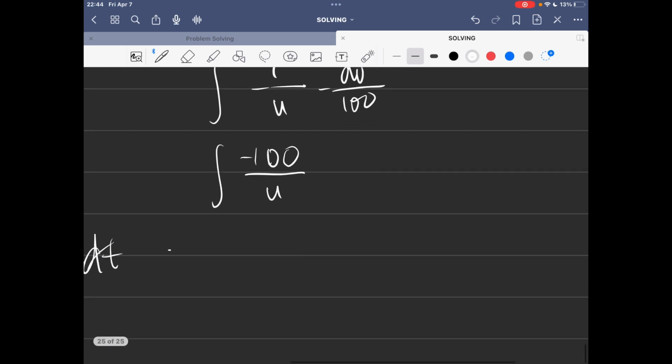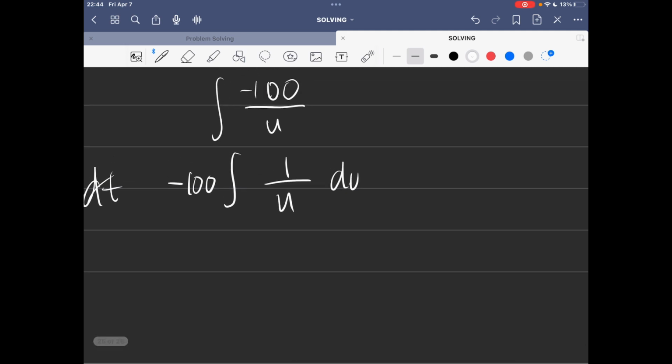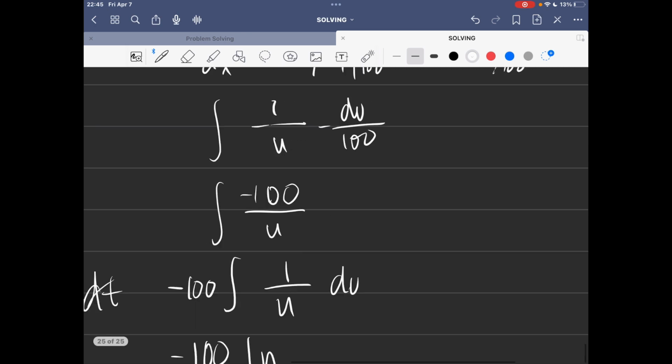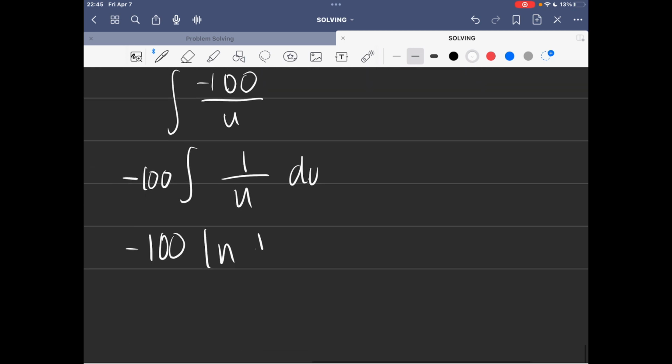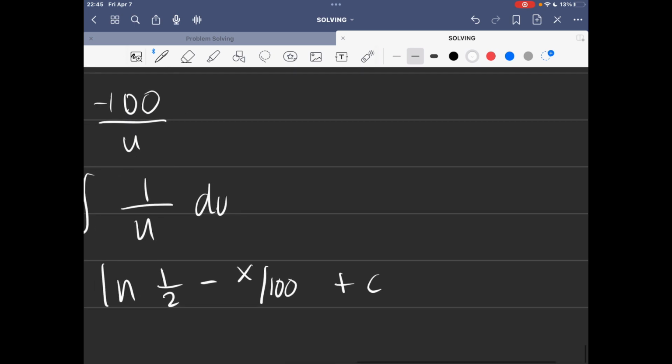Then we can take out the negative 100, and the integral of 1 over u du is ln u. So we have negative 100 times ln of u, where u is 1/2 minus x over 100, plus c. On the right side, we still have dt, and the integral of dt is t plus c.